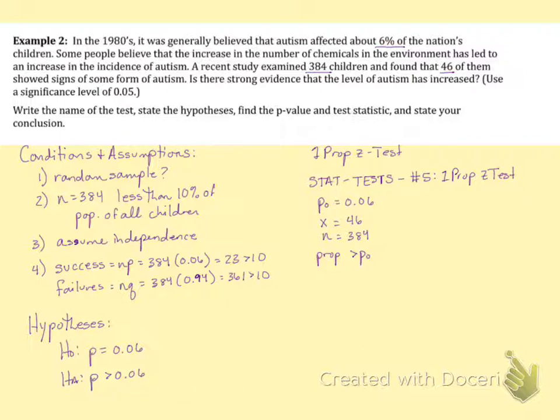When you calculate this, you're going to record the test statistic and the p-value. The test statistic for a 1-prop z-test is z. So this is the z-score. The z-score is 4.934 for this test. That's a very high z-score. And it gives us a p-value, therefore, that's really small.